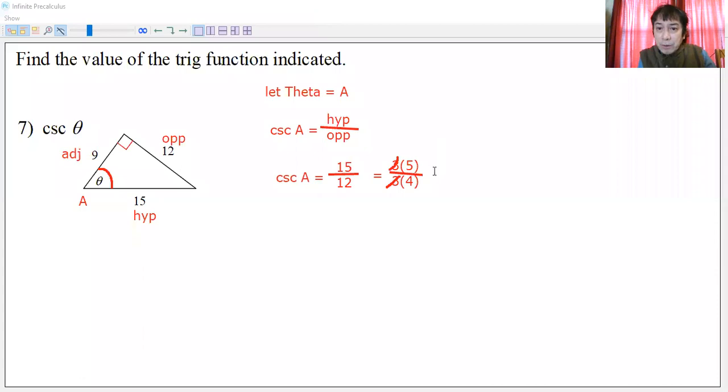So our answer here must be 5 over 4. Then we put the fraction symbol there. That should be our final answer. It's reduced to lowest term.